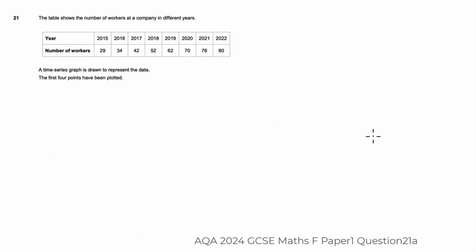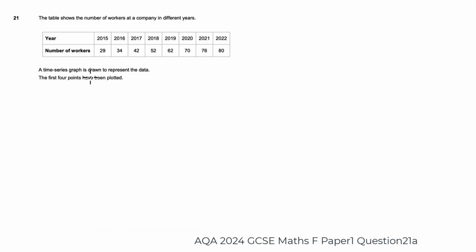Well, here we have question 21. In this question we're shown a table. This table is telling us the number of workers at a company starting in the year 2015 and working all our way through up to the year 2022. You can see the number of workers is increasing as time goes on.